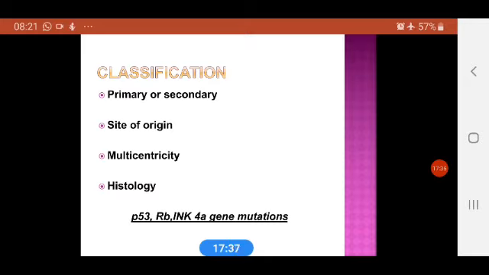Now these MDM2 cell cycle regulators are actually used for detecting low grade osteosarcoma. So if you have an osteosarcoma which looks low grade, you can do an immunohistochemistry on that tumor for MDM2, and that would be positive in a low grade osteosarcoma.